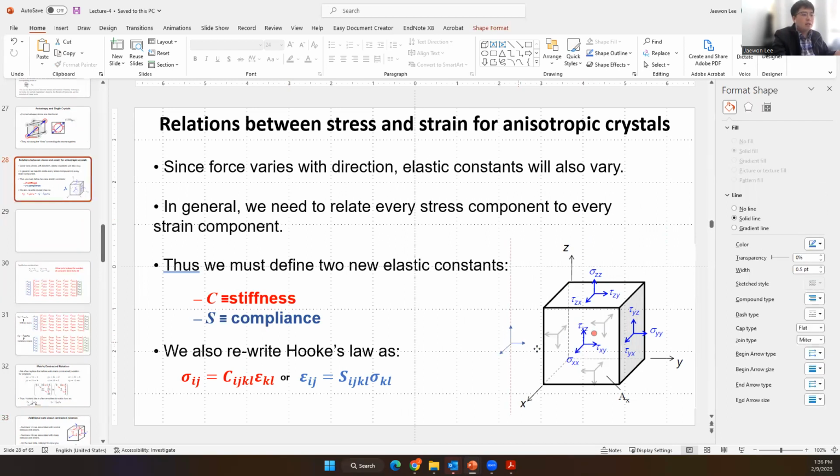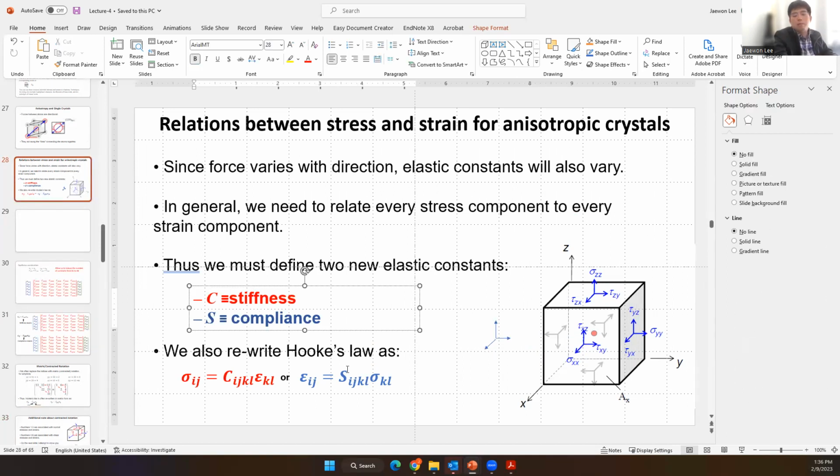To make it a relation of that, we can use a tensor, and then each stress, shear stress or normal stress, can have three components because we use the Cartesian coordinate. So three components. So we decompose the force and decompose the strains using the stiffness matrix or compliance matrix.